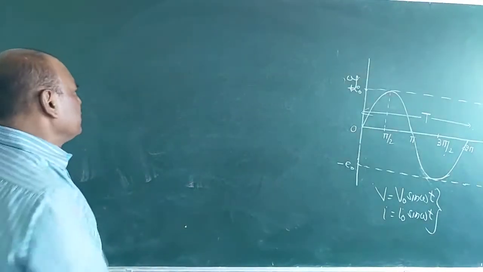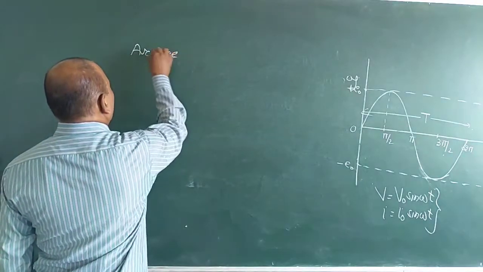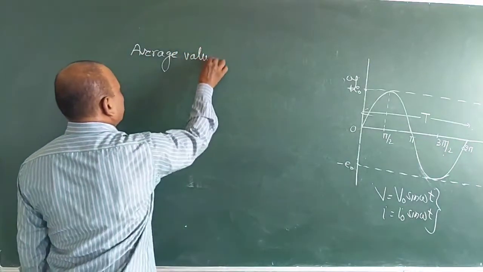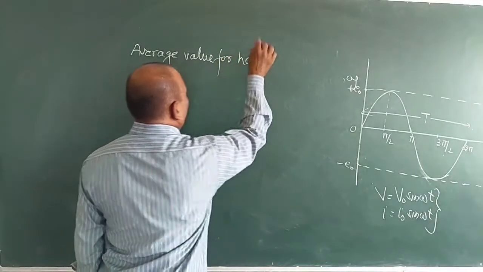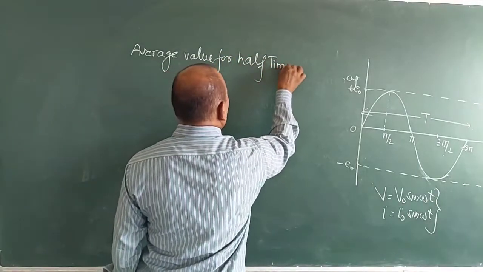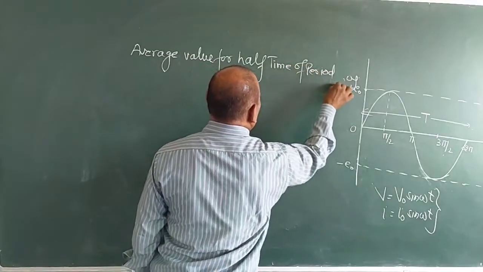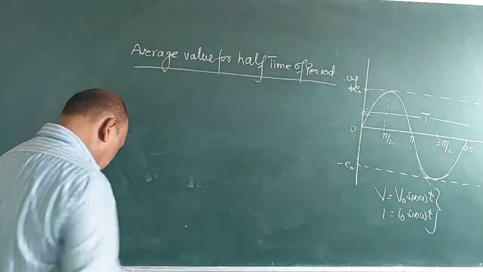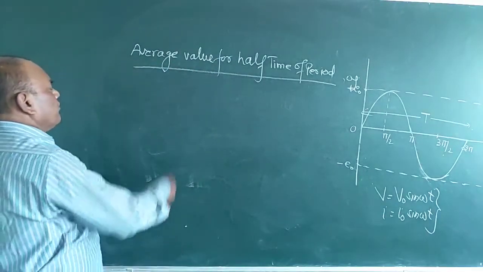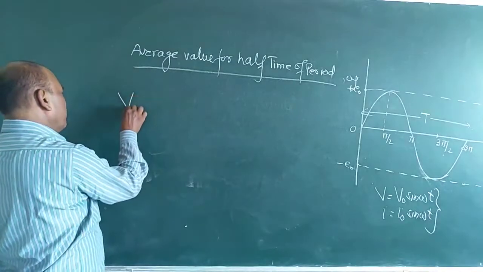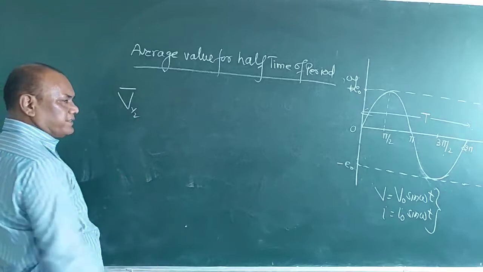Now here, average value for half time period. This is the average value for half rotation.